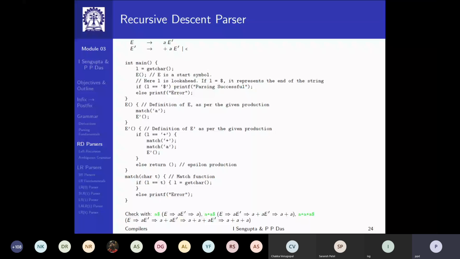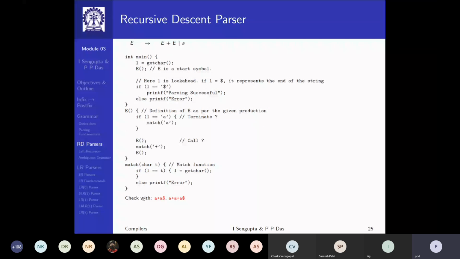So if A stands for an identifier, then this grammar produces arithmetic expressions which are involving identifiers and binary addition of them. Right? So we can actually have more generalization of this.